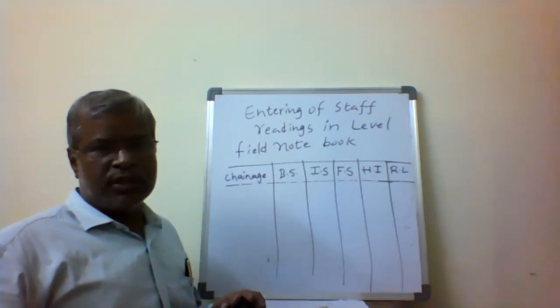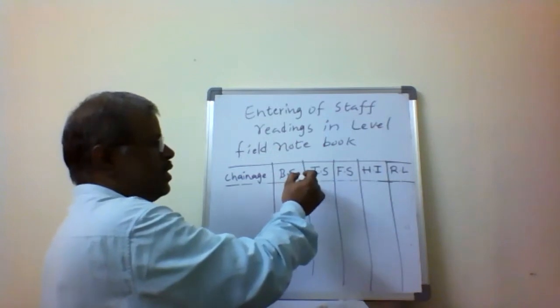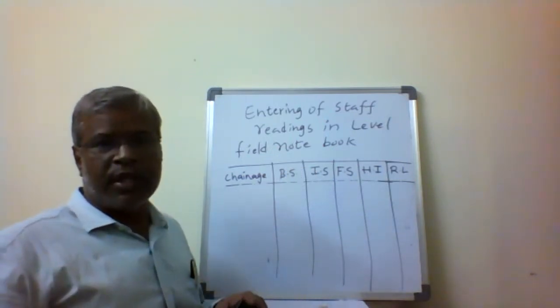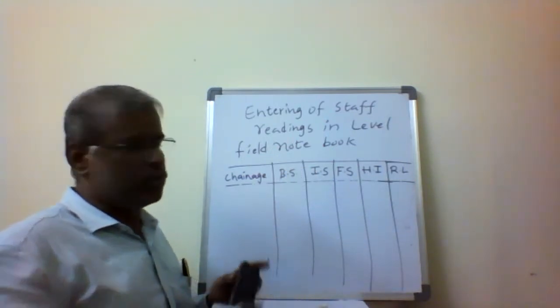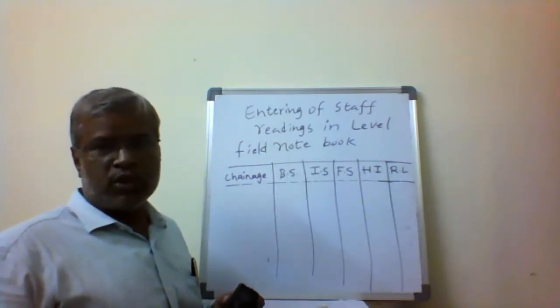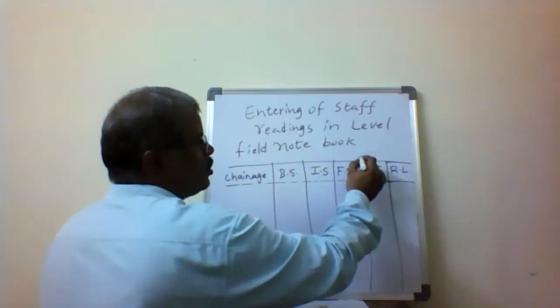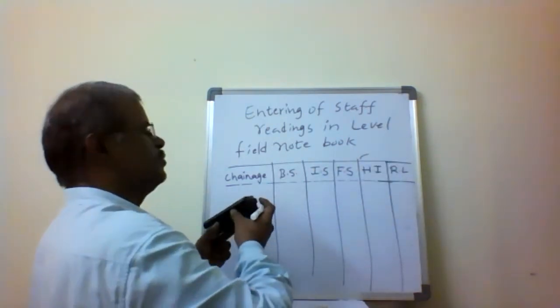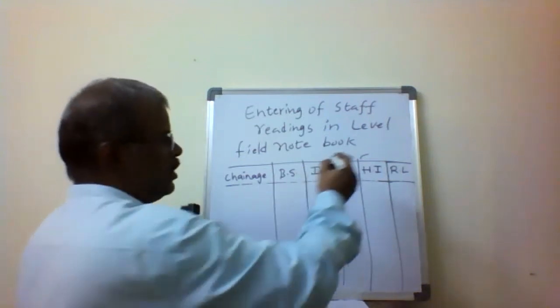BS is the backsight reading, IS is the intermediate sight reading, and then the foresight reading. Because we are using the height of instrument method, we use the height of instrument and reduced level columns. And the last column will be the remarks.